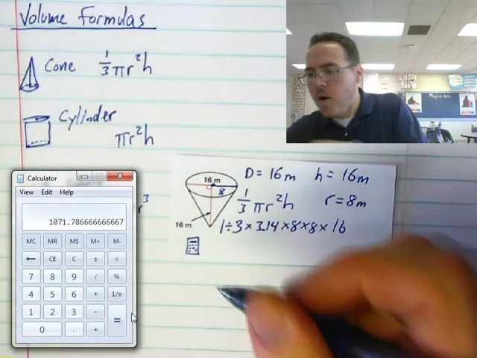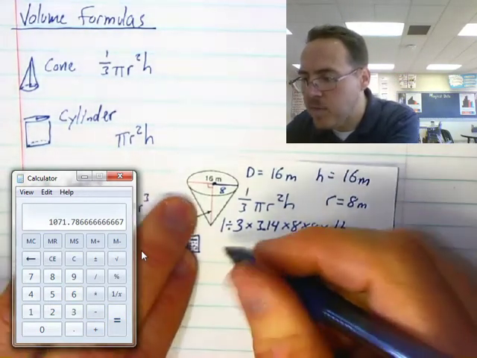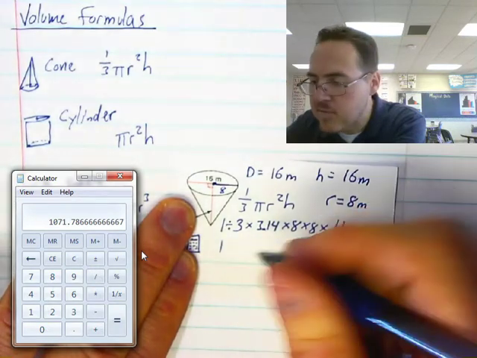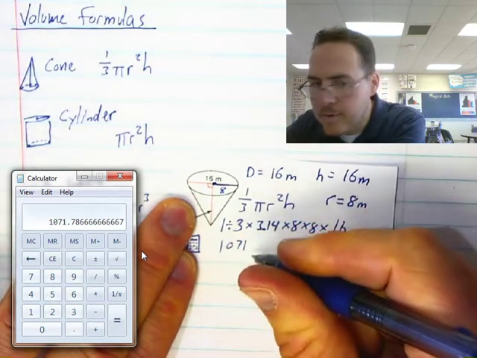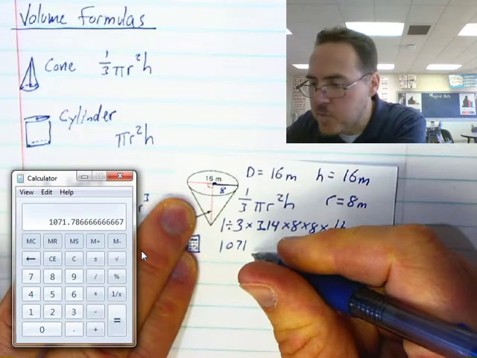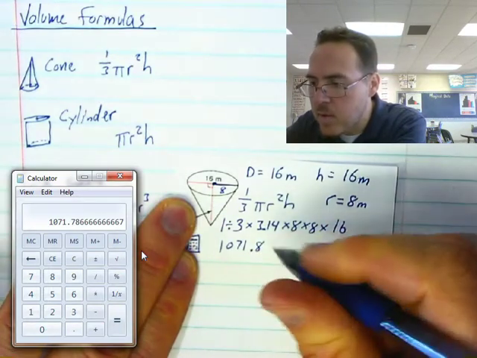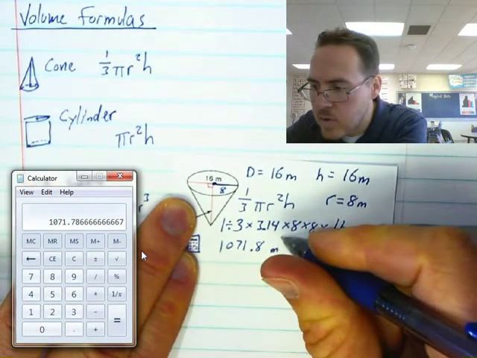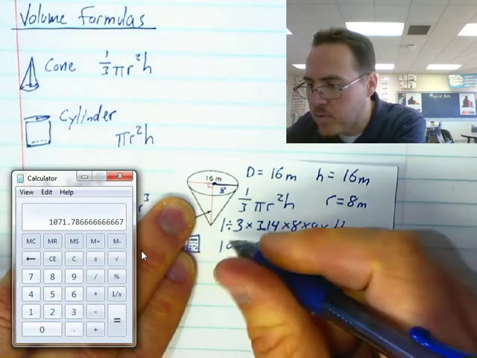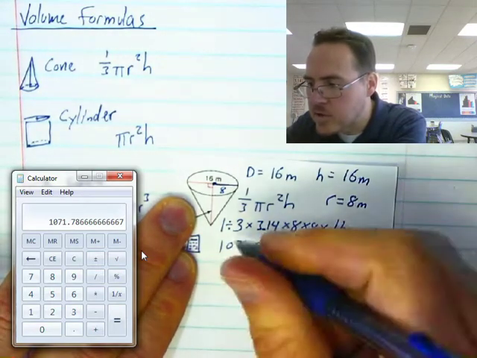Okay. So that would be 1,071. I'm going to round it to the tenth place here, 0.8 meters to the third power. There's your volume.